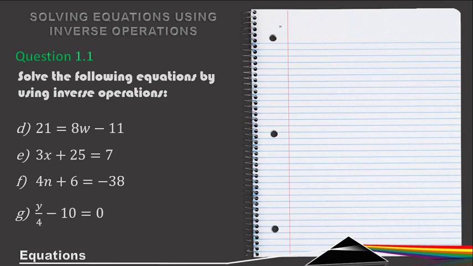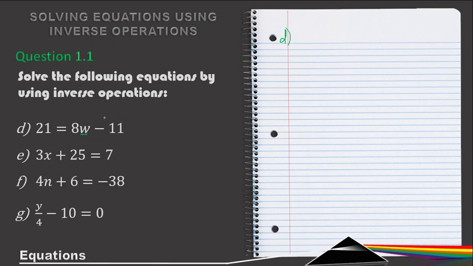Okay, so for D, now we want the W. So there's one of two ways. You can basically solve for W by just taking the 11 over and then divide both sides by 8. Let's do that.